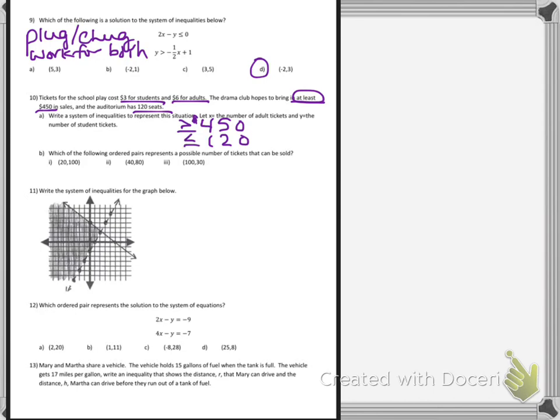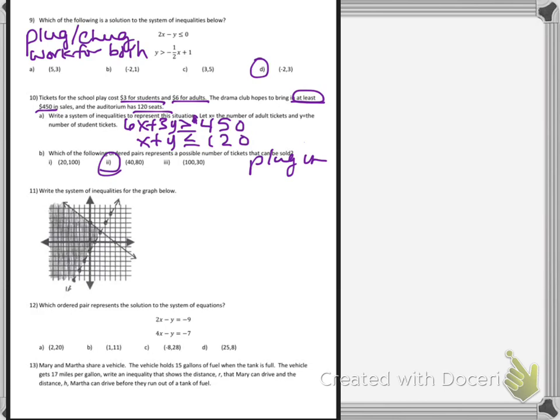The types of seats we have are adult, which are X, plus children, which is Y. And money-wise, we have 6X plus 3Y. Again, on B, you're just going to plug in to see which works, and it is this one. That's the only coordinate pair that makes both of those inequalities true.